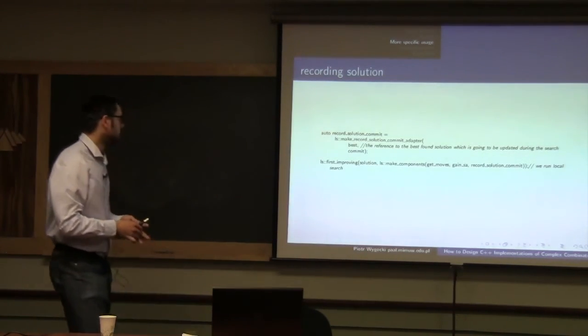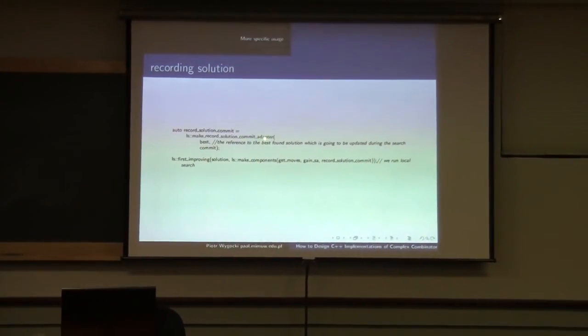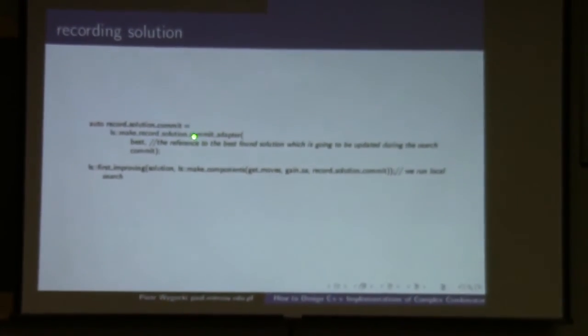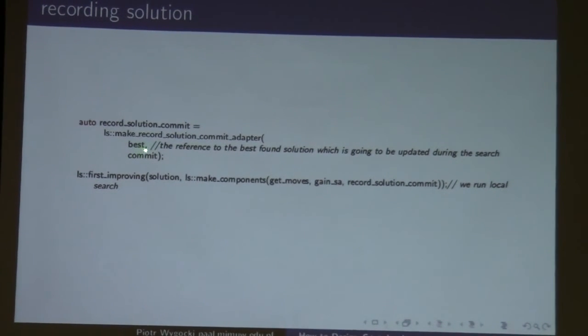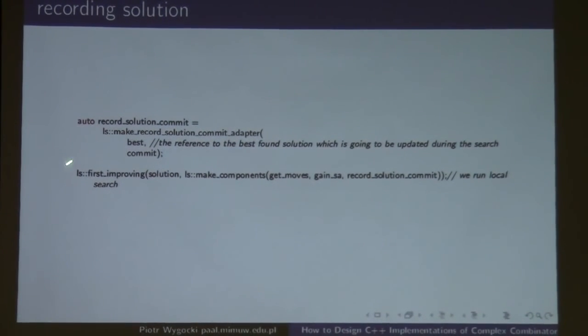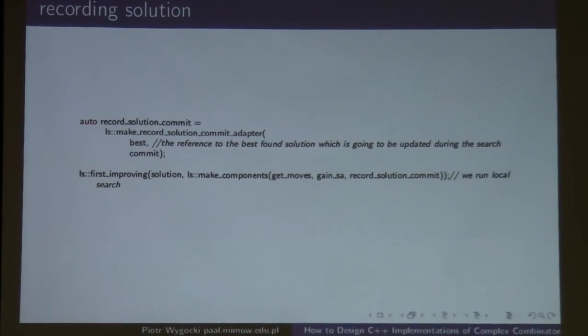Here's the way of doing that in the library. We got another adapter from the library, called the record solution commit adapter, which takes the previous commit and a reference to the best, and it will update the best each time we improve our best solution.